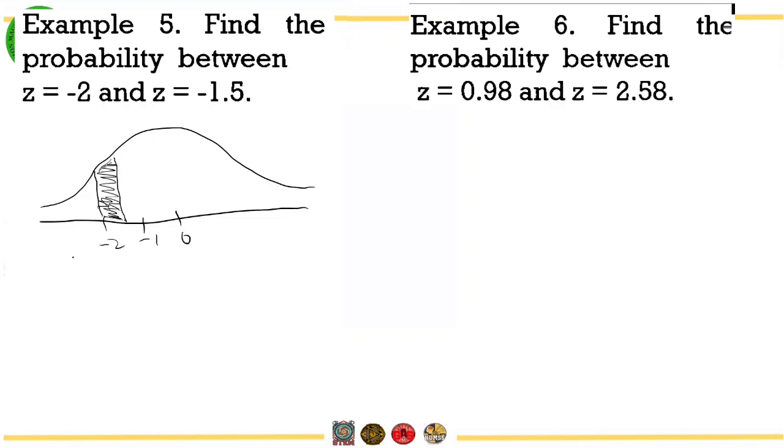So again, how do we solve the problem? We are asked for the area, or the probability, between two z values. The procedure is we will get the area that corresponds to each z value. So the area that corresponds to P of z. Let's have first the area of z is equal to negative 2.